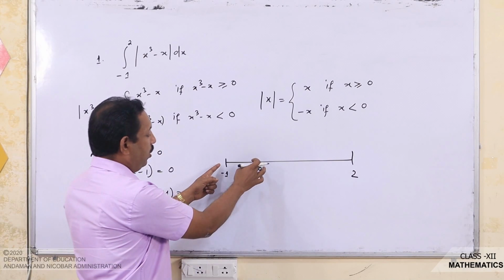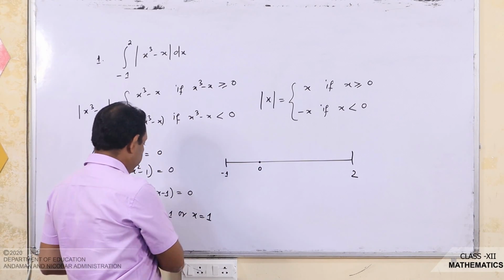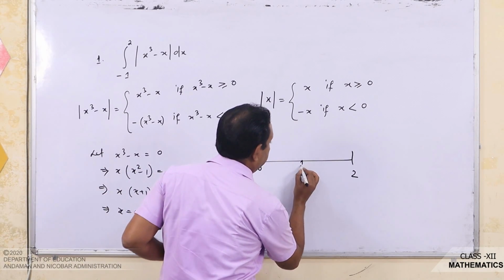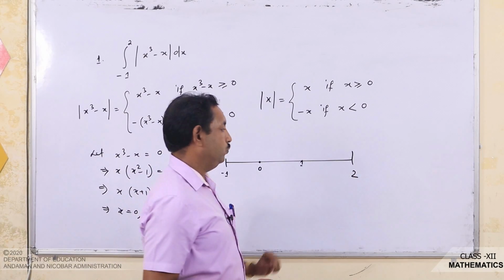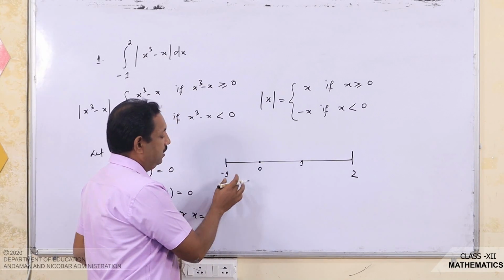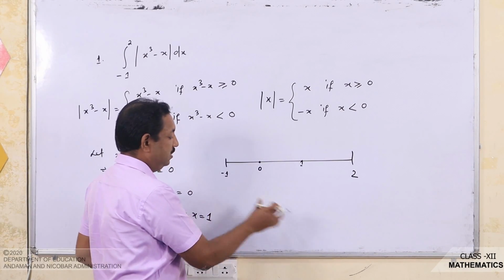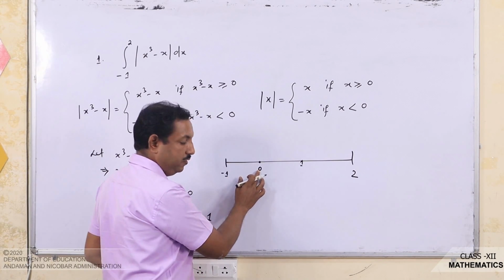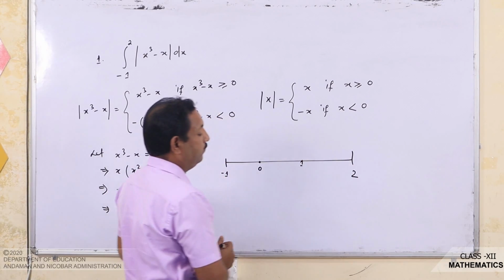That means one interval is -1 to 0, the second interval is 0 to 1, and the third interval is 1 to 2. So, we can divide our interval -1 to 2 into 3 sub intervals: -1 to 0, 0 to 1, and 1 to 2.